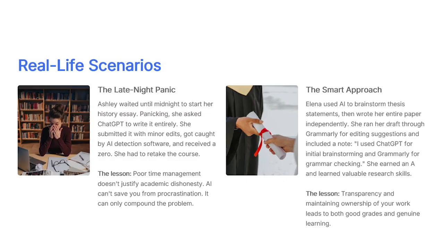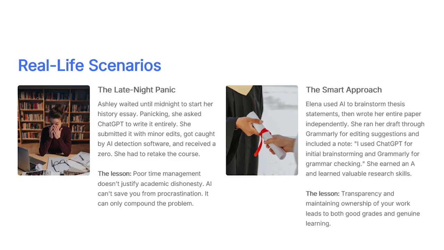I'm sure this one probably relates to a lot more people, especially students, right? You completely bogged down your schedule with more student activities and academic activities, so it happens. But the lesson here is poor time management does not justify academic dishonesty. AI can't save you from procrastination.